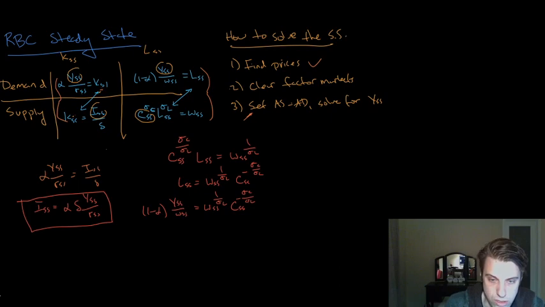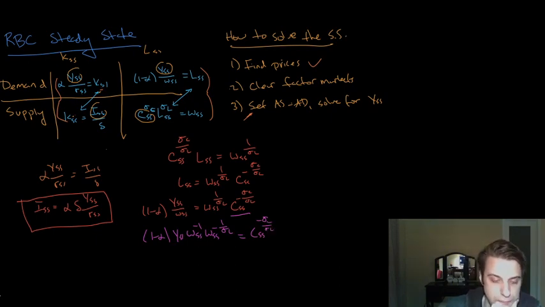So our goal is to solve for CSS. The first thing I'm going to do is divide both sides by WSS to the 1 over sigma L. So I'm going to have 1 minus alpha YSS. I'm going to write this division as a negative exponent. So I'm going to have WSS to the minus 1 times WSS to the minus 1 over sigma L, and that equals CSS to the minus sigma C over sigma L. So we can combine these.